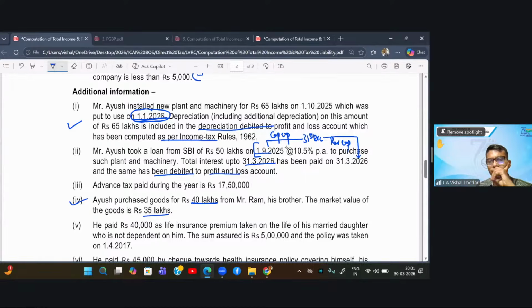is calculated, and the interest is at the rate of 10.5%. Out of 7, 4 is to be taken, but they have not given you the amount. Okay, so we'll calculate the whole year's interest, and out of the whole year, these 4 months are to be taken. So 50 lakhs into 10.5%, this will give me the whole year's interest, and from that we can find out the 4 months interest. Correct?